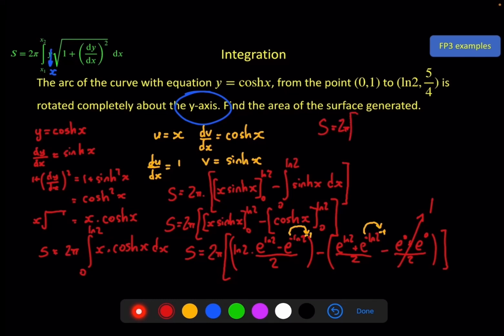2 pi, big brackets, log of 2 times, so here my exponential of log 2 becomes 2, minus exponential of log 2 to the minus 1 becomes a half. So 2 minus a half over 2.